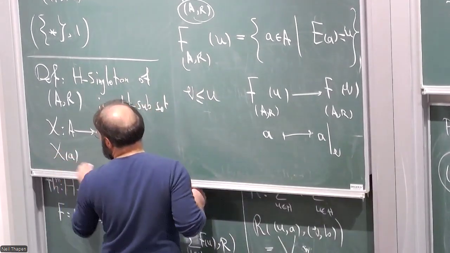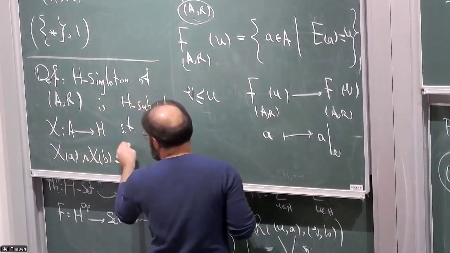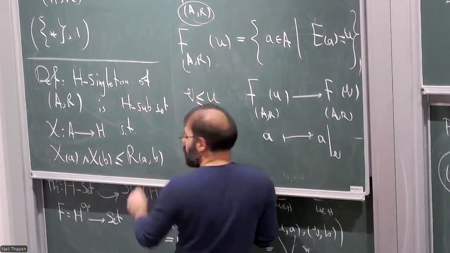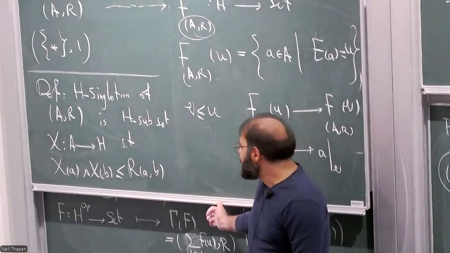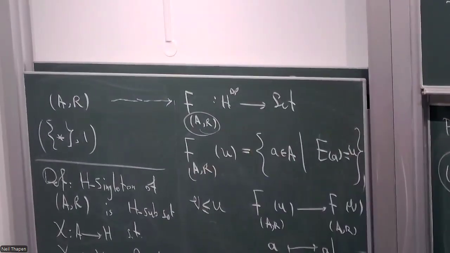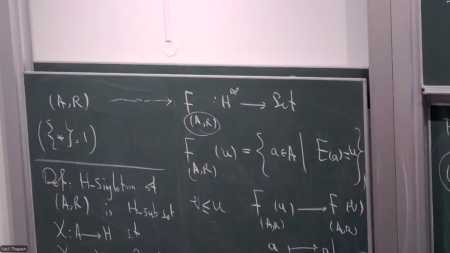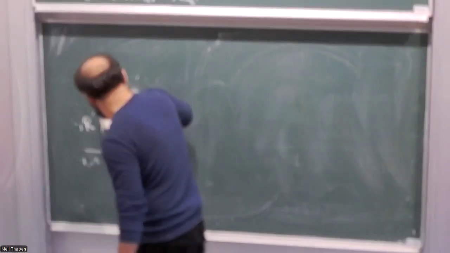Singleton means that if A is there and B is there, then these two guys are equal, right? And there is one canonical way to construct singletons, right?